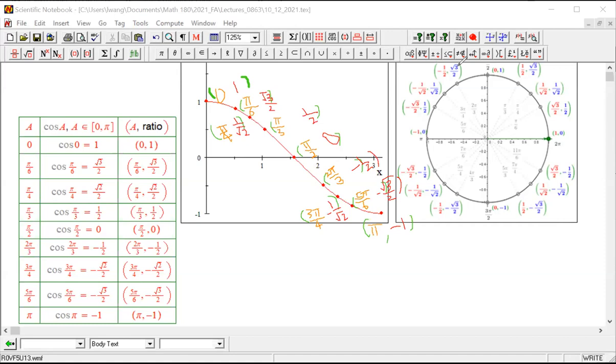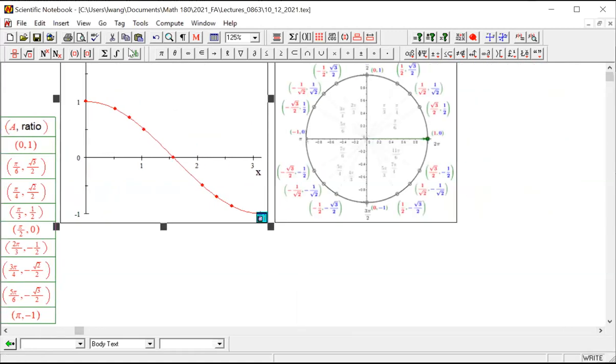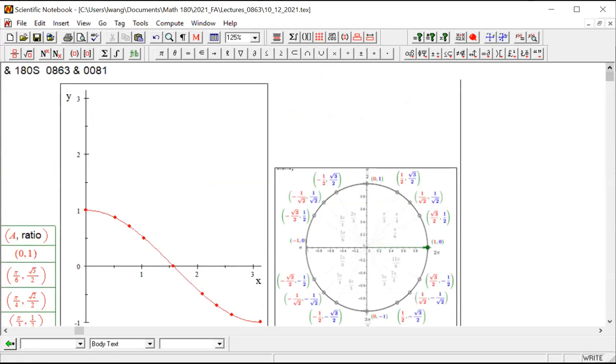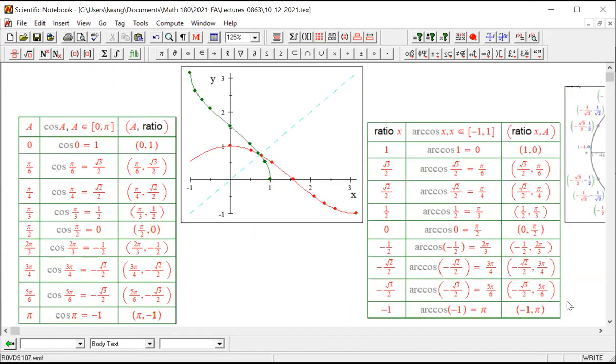Yes. Thank you. Now, let's look at the ArcCosine. For ArcCosine, we have the ArcCosine table, don't we? Where's the ArcCosine table? Right here.